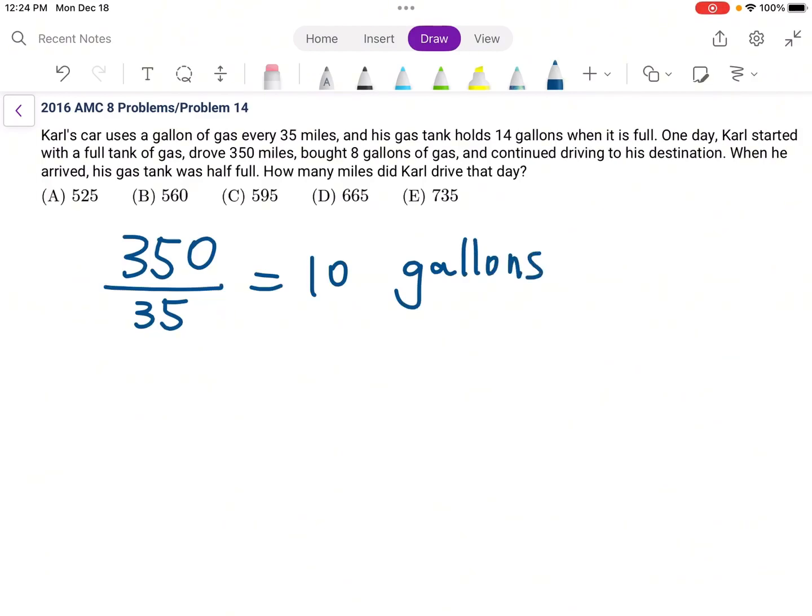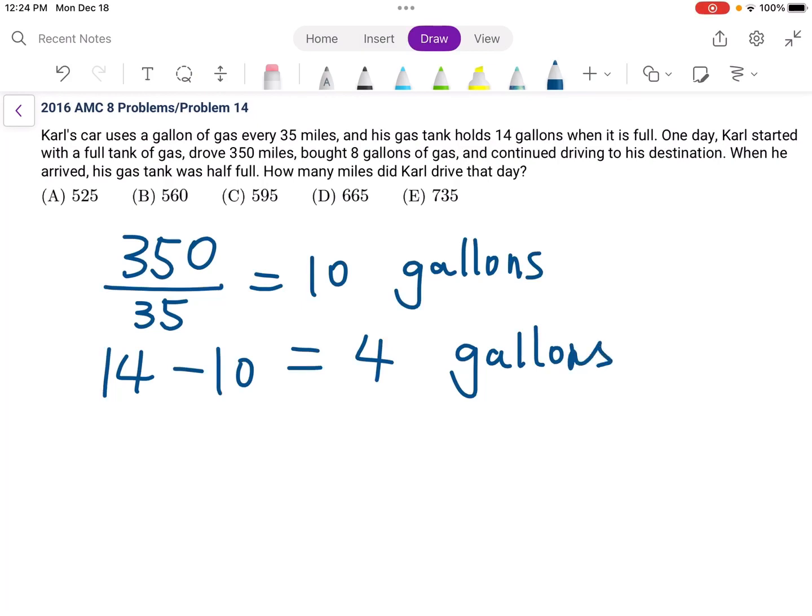And after that, because a full tank is 14 gallons, we use 14 subtract 10, and that's 4 gallons left after the 350 miles. And then he adds 8 gallons, so now he has 12 gallons in total.